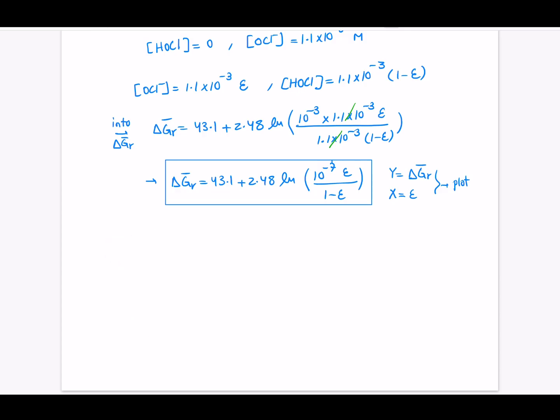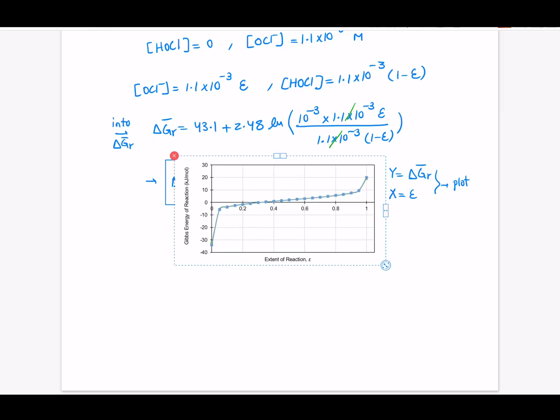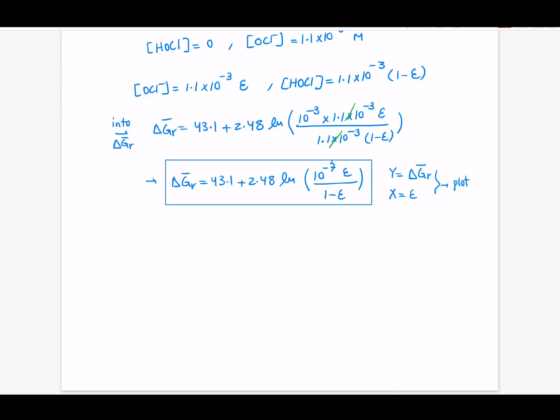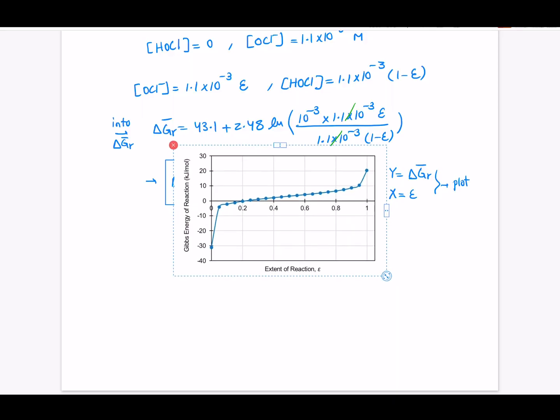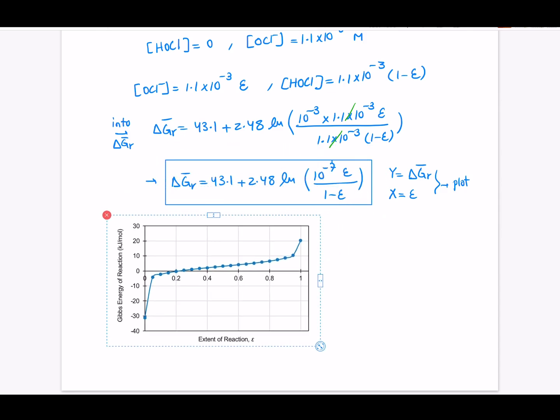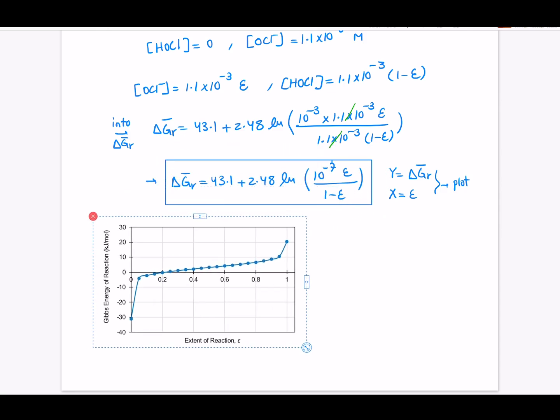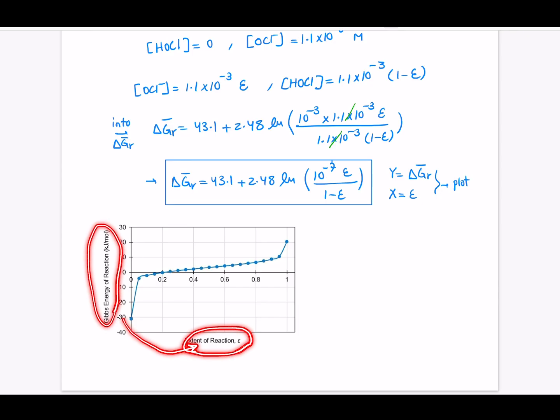And if we do that in Excel, eventually we get to this figure. Or maybe not this one. Eventually we get to this one. Yep. So as you see, this is how delta G is changing as a function of the extent of the reaction.